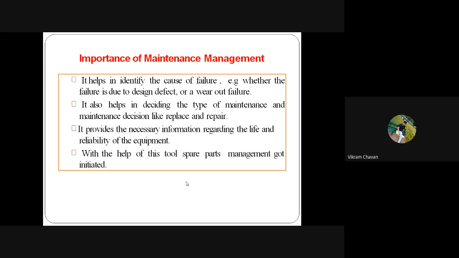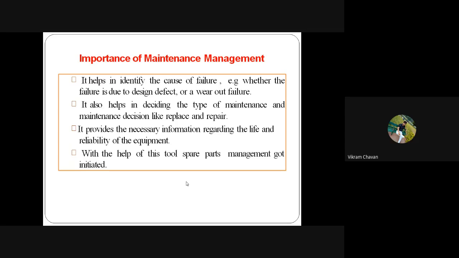Then it also helps in deciding the type of maintenance and the maintenance decision, like replace or repair. Whether any machine has failed because of a certain problem in that machine, in that case, whether we have to repair or replace that particular part, it will be easy to take such a decision by considering the maintenance management policies.